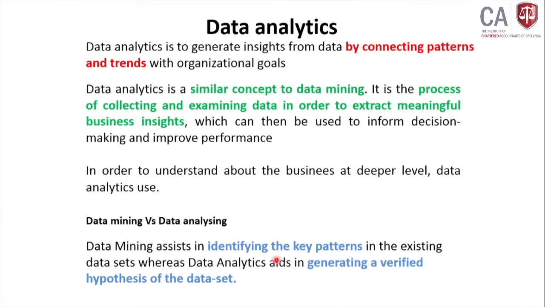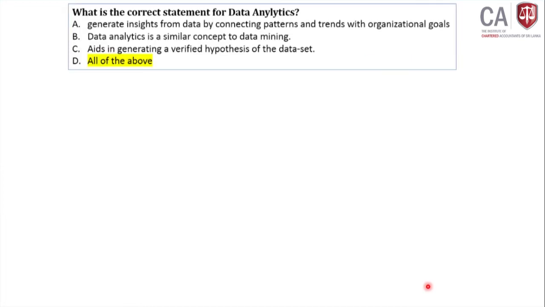So you have the data, identifying the key pattern, the graphs are there. By using those, they are generating a verified hypothesis of the data. So they are verifying the hypothesis, they are verifying the relationship, they are guessing what relationship there is in the products sold in the market.